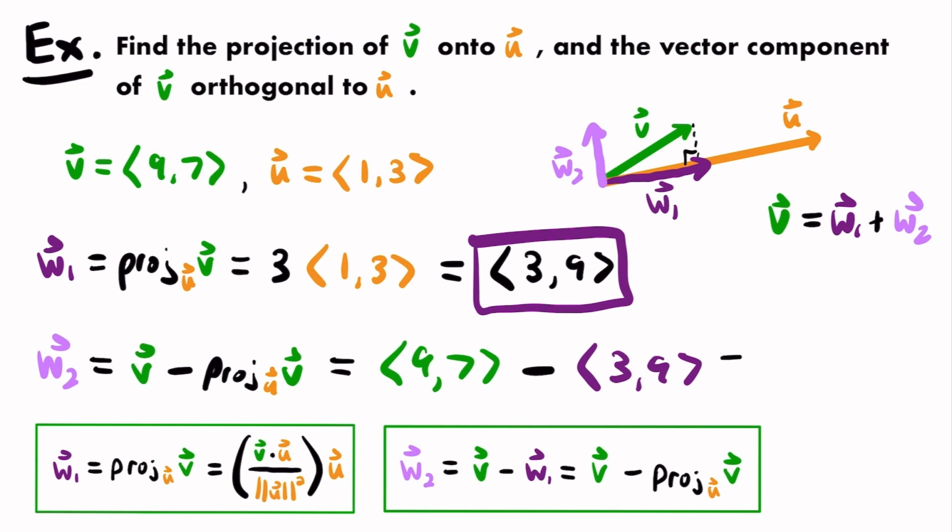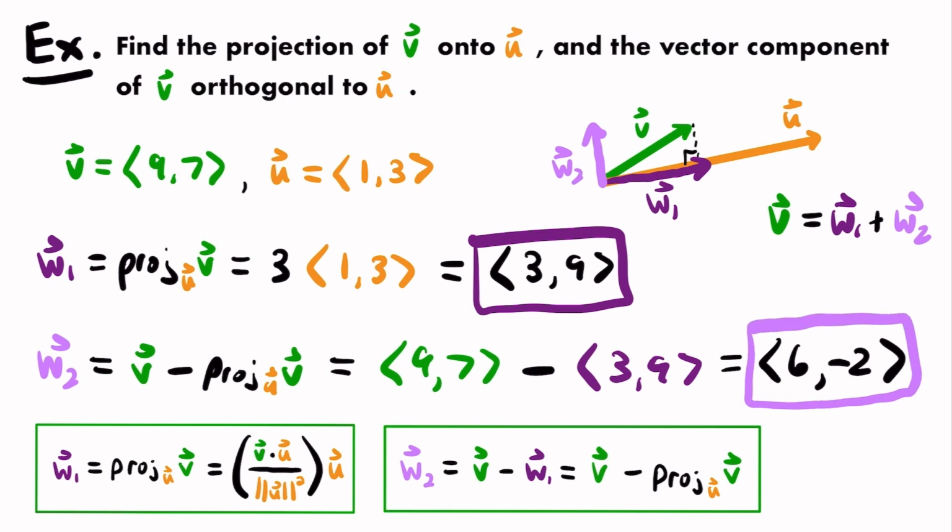And so if we perform this vector subtraction, we will subtract these components from these components. So we'll have 9 minus 3, which is 6. So we'll have 6, 7 minus 9, which is negative 2. And so the position vector of the point 6, negative 2 is the vector component of v orthogonal to vector u. That is vector w2.